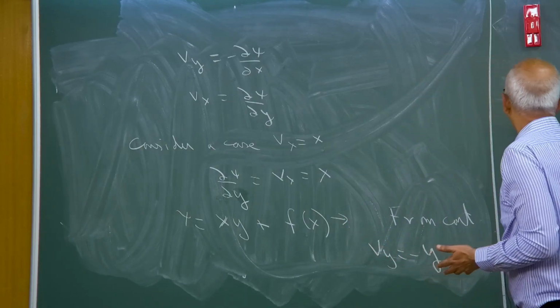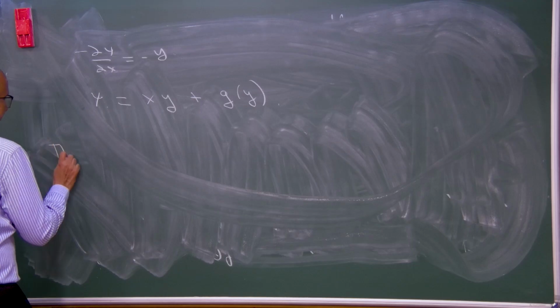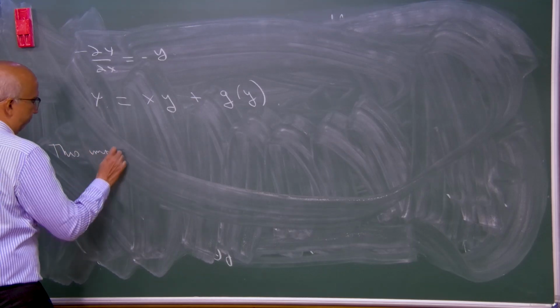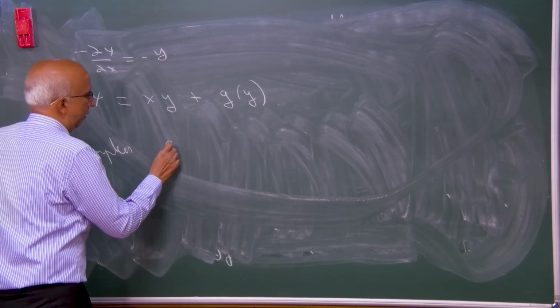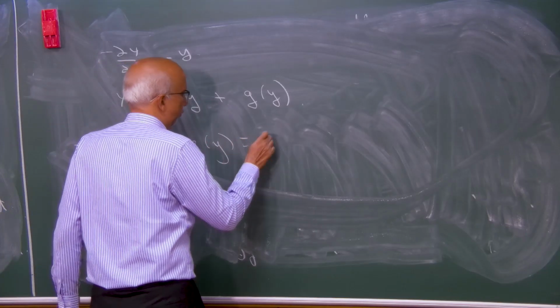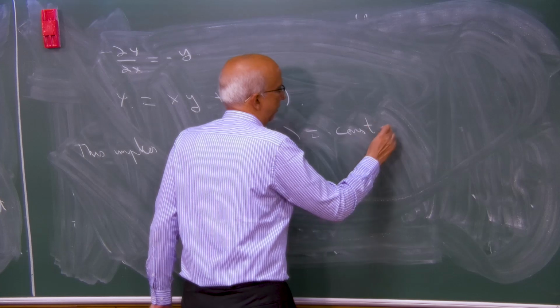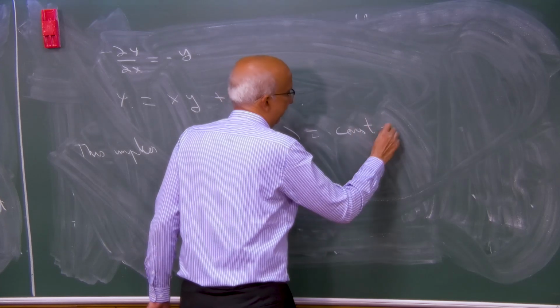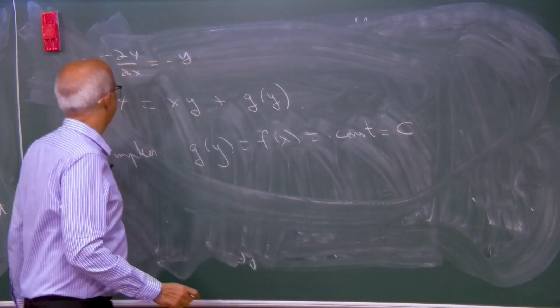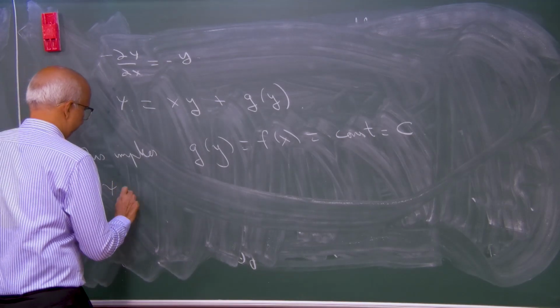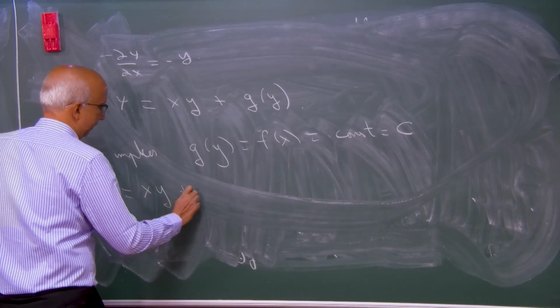Okay. So this implies that g of y is equal to f of x equals constant. Let us say c. So I am saying psi is equal to xy plus c.